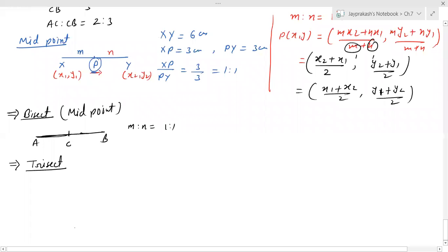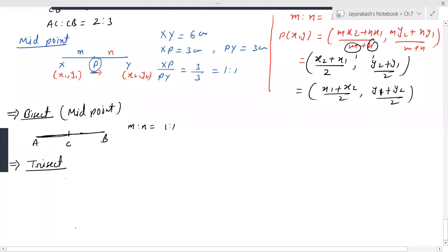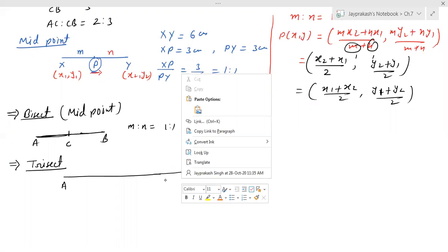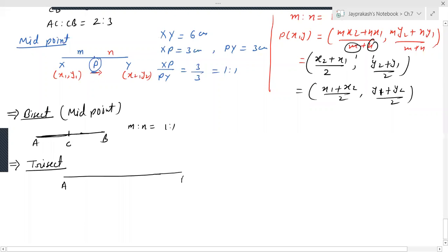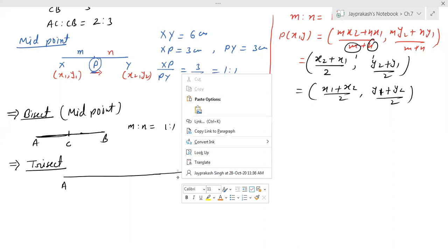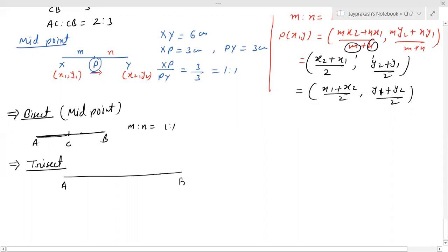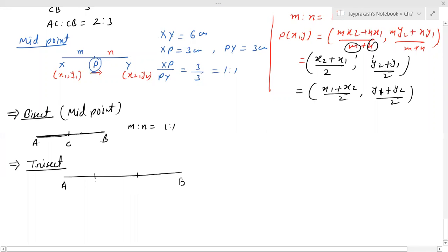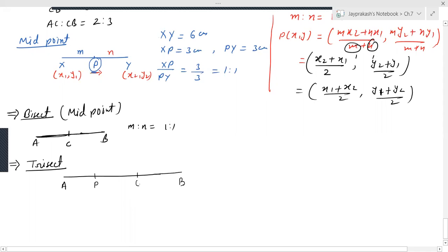Next is trisect. So trisect means the whole line is divided into three equal parts. So suppose this AB is a line and we want to divide the given line in three equal parts. So we will write here two points. So when we take 2 points on the given line, the whole line is divided into three equal parts.